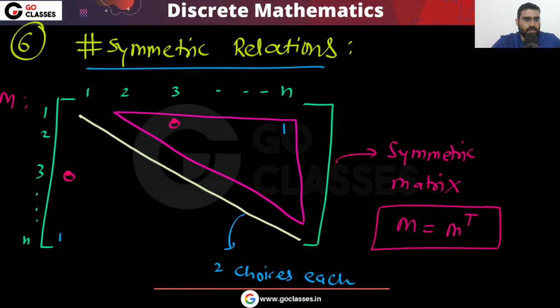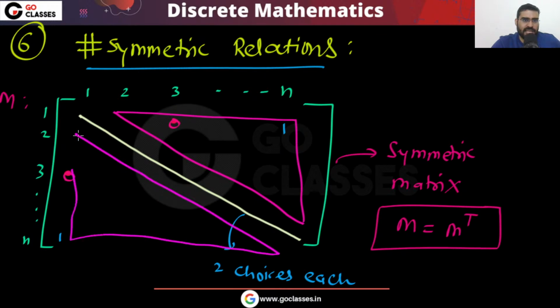So this triangle should be replicated here. They must be mirror images of each other. So finally, how many choices do we have?